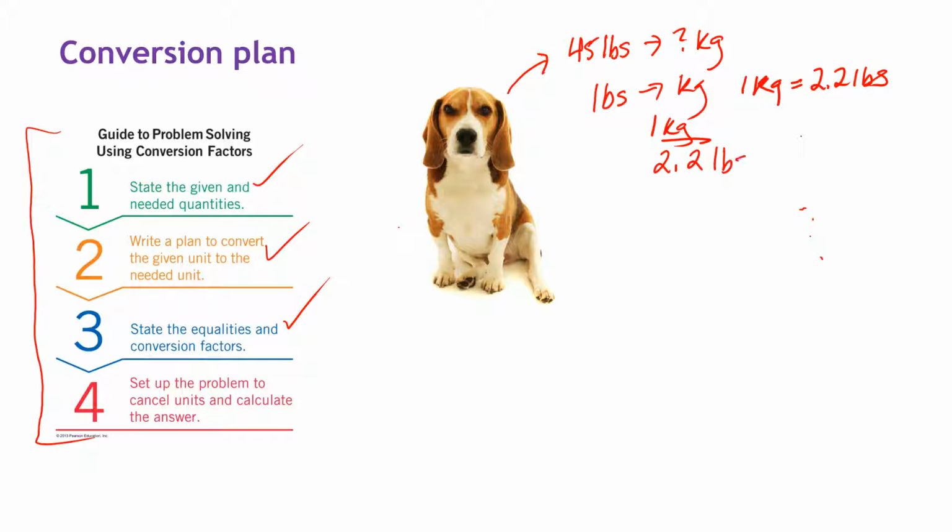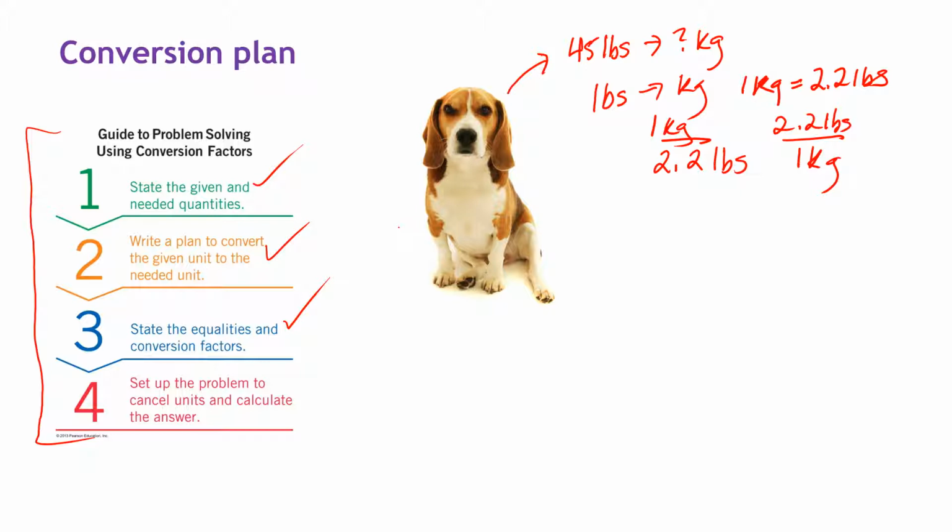Not really fractional, it's a ratio. We could also say it the other way around, which would be 2.2 pounds in every 1 kilogram. Depending which way we use this ratio is going to depend on whether we're going from pounds to kilograms or kilograms to pounds. Okay, and we'll see that in a minute because units have to cancel.